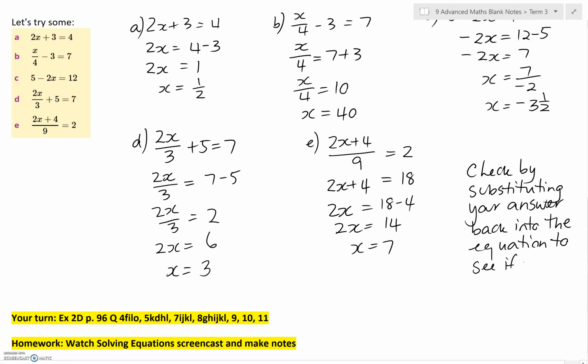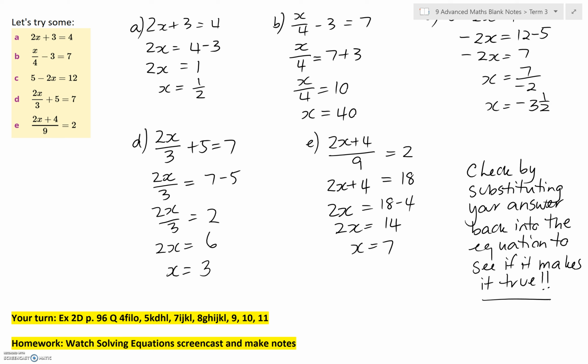So if you are not sure, or it's just good practice to do it anyway, if the answer you have come up with makes the equation true when you substitute it back in, it is the correct answer, presuming you calculate it correctly. That is a good way for you to check in an exam or anytime.